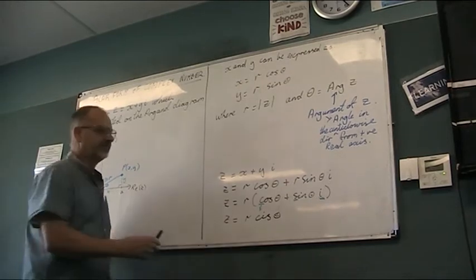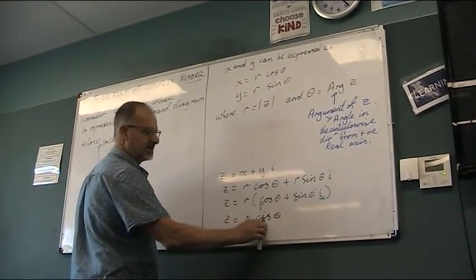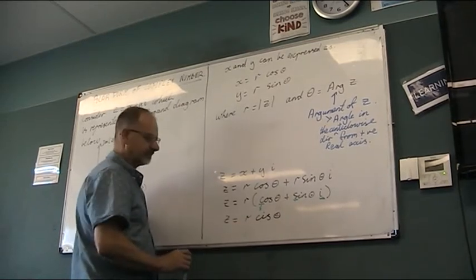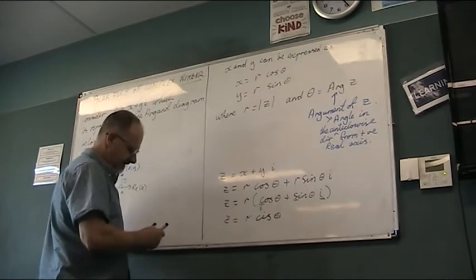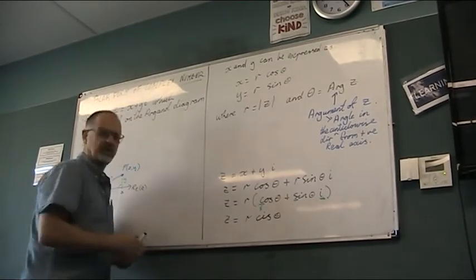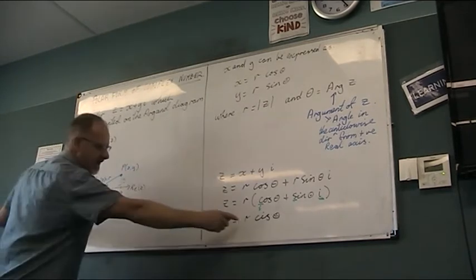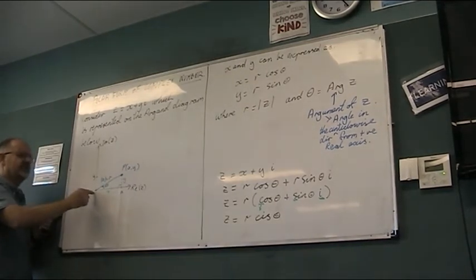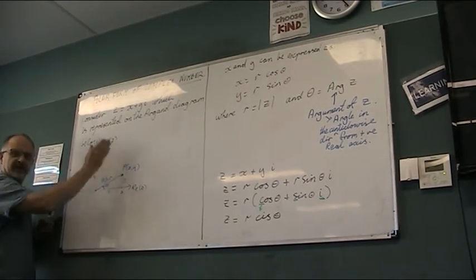So cis, I always think of as cos plus i sine. And the last bit there, that is what we call the polar form. So it tells us how far from the pole, the origin, we've got to go, and then what angle we've got to turn to get there.